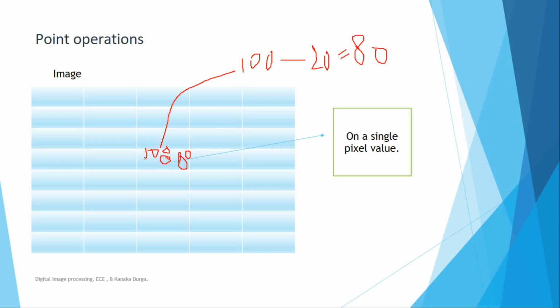This type of operation we are going to call a point operation. So the point operation is applicable only on a single pixel value. That's why it got the name point operation.